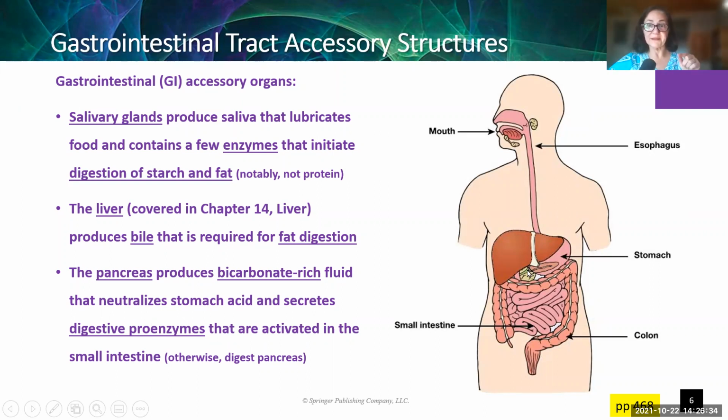We have these enzymes, they're going to be for breaking apart these molecules, but we don't want them activated yet until it hits the small intestine. Then you can start digesting the stuff that's in there, but not before. Otherwise, they would start digesting the pancreas, which actually happens, as we will see later in this lecture.